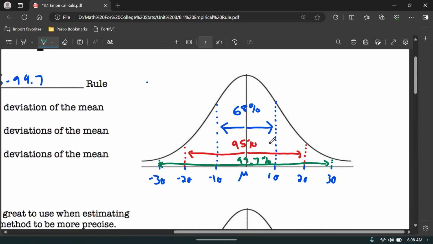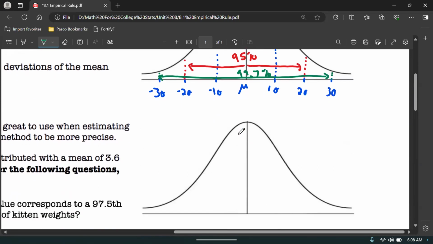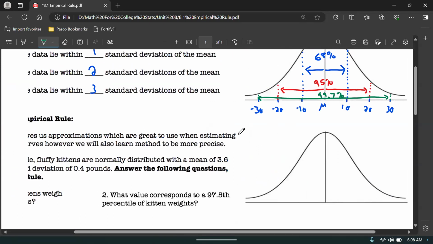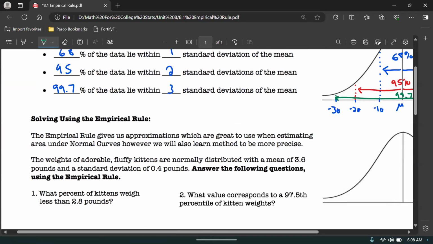Same thing with 95% and 2 standard deviations, and 99.7% with 3. The empirical rule gives us approximations, which are great to use when estimating area under normal curves. However, we will also learn methods to be more precise.